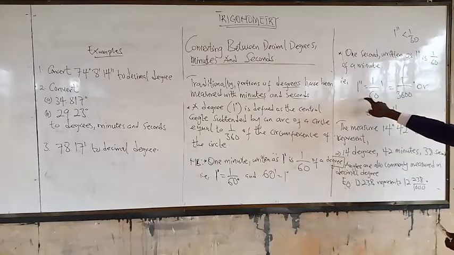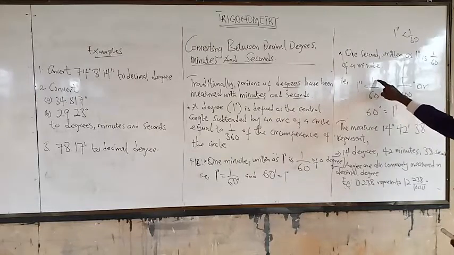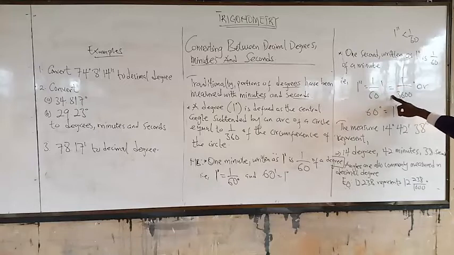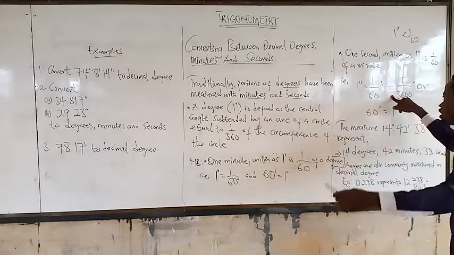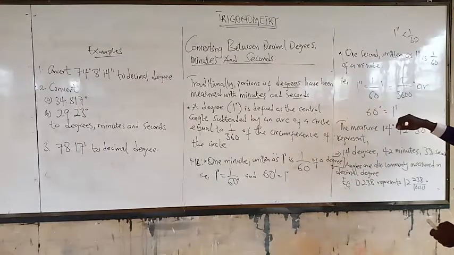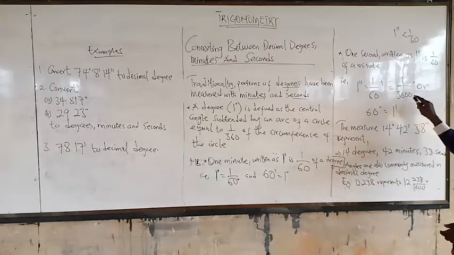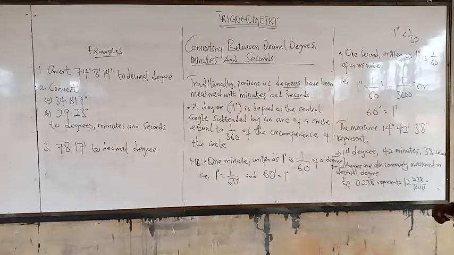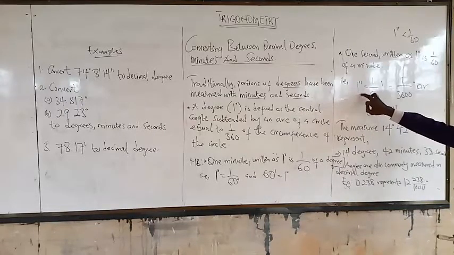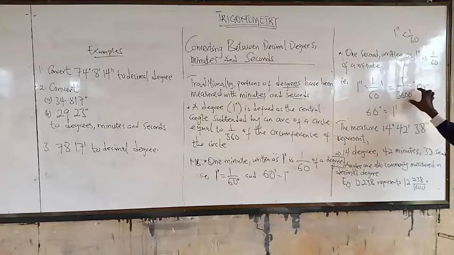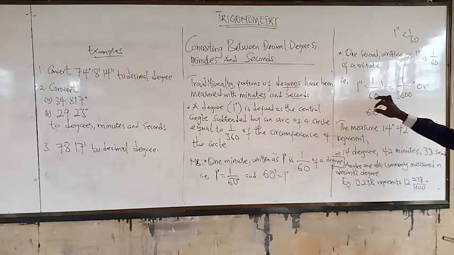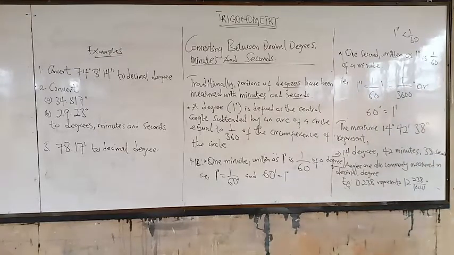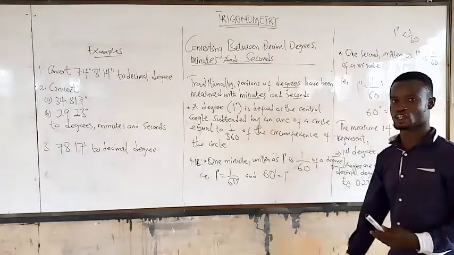So 1 second is equal to 1 over 60 of a minute, and if you want to get it in degrees, you divide it by 3,600. So when you divide it by 3,600, you get it in degrees. But when you divide it by 60, you get it in minutes. So this is 1 second. You can get 2 seconds, 3 seconds, and many more.